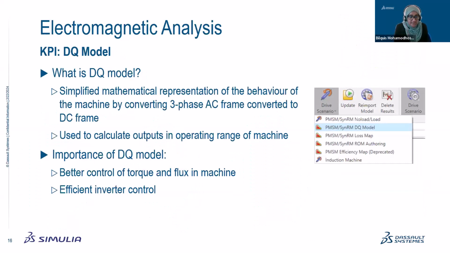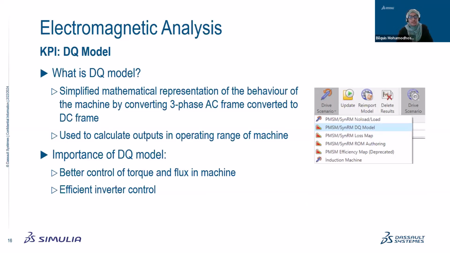So the next one is the DQ model. What is a DQ model? It's simply a mathematical representation of the behavior of the machine, a simplified version, where we convert the three-phase AC frame into a DC frame. For example, in a three-phase machine, you would normally have currents like IA, IB, IC, but that makes it a bit more difficult to control.